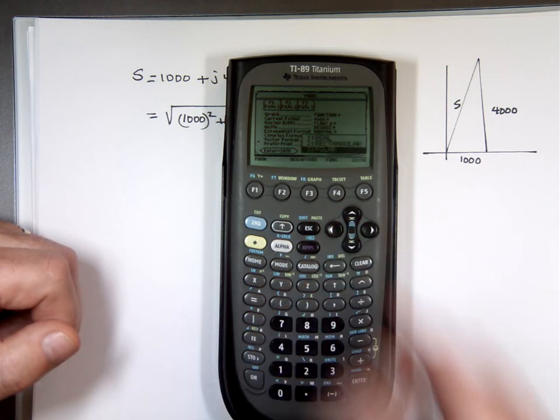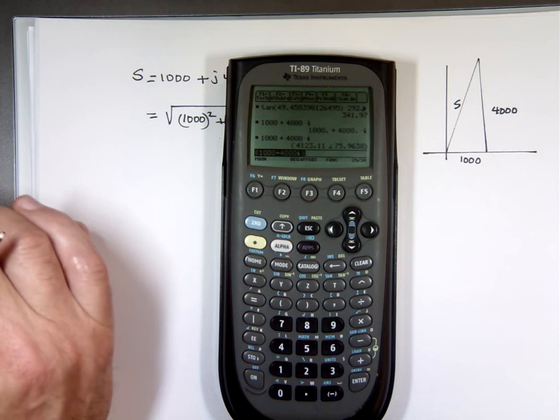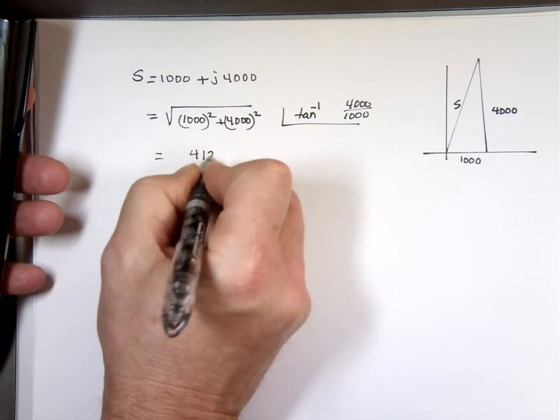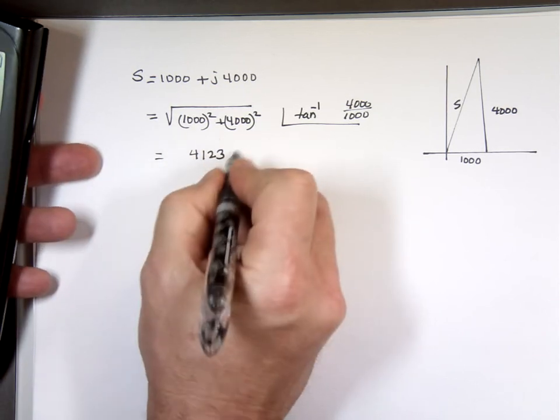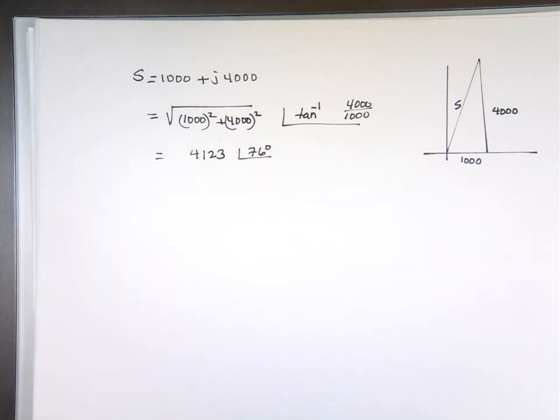Hit enter, and it says 4123. So if you do the math here, it's 4123 angle 76 degrees. The book had 14 degrees. So that's why it wasn't true, or the solution was.